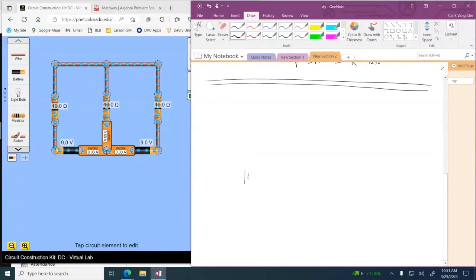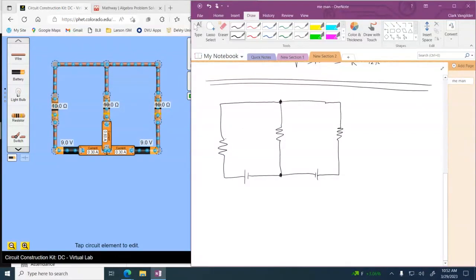So we have one battery going into a node there, another battery. And we could call this R1, R2, R3. We call this V1.